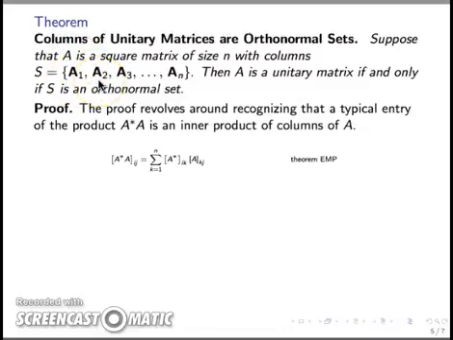That is what is known as an orthonormal set. And this is a powerful theorem, because here there is a powerful statement. It is an if and only if statement.